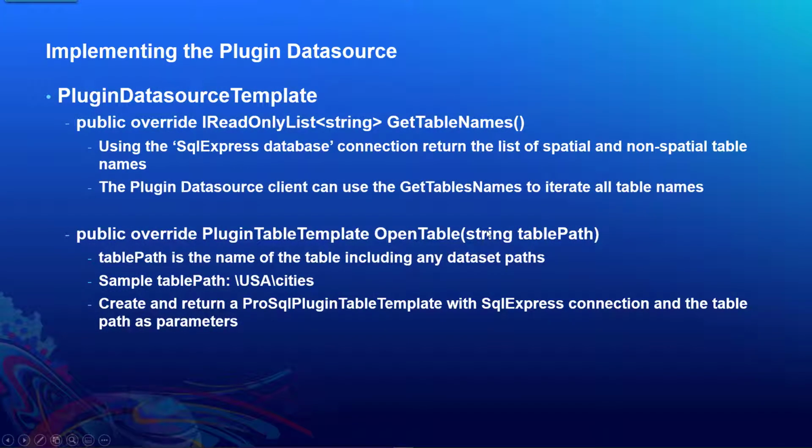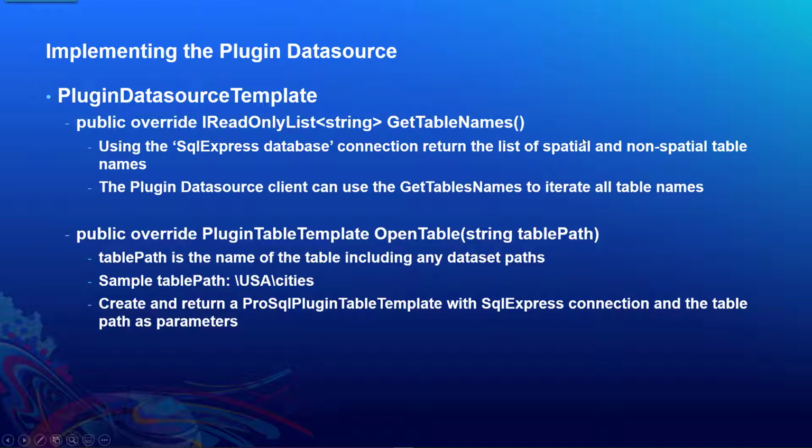So next, we have to make two more updates to the data source template. There is an override called the GetTableNames method. And we use the SQL Express database connection and query the database to return us a list of all spatial and non-spatial table names that we have in our custom data source.